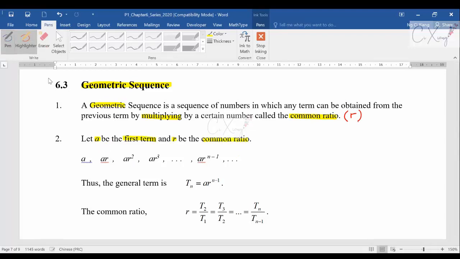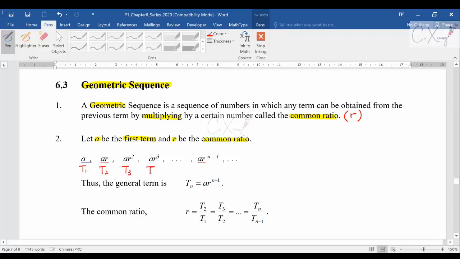So the first term is A, this is T1. AR will be the second term, which is T2. For the third term you need to multiply by R again, so you have AR squared, therefore that is T3, term 3, term 4, and so on. If you compare the term number here, it is R power 0. Then for T2, it is R power 1.